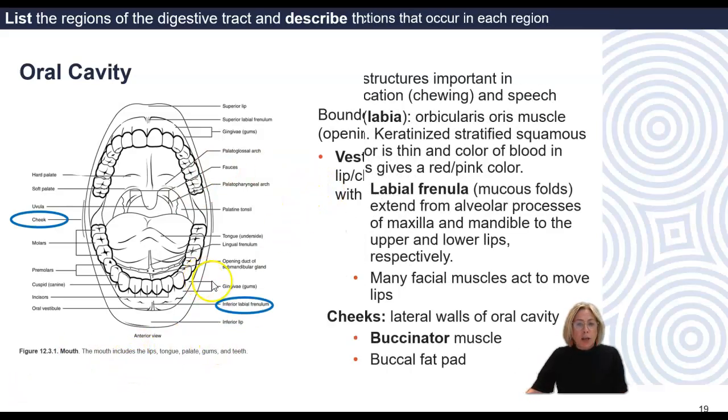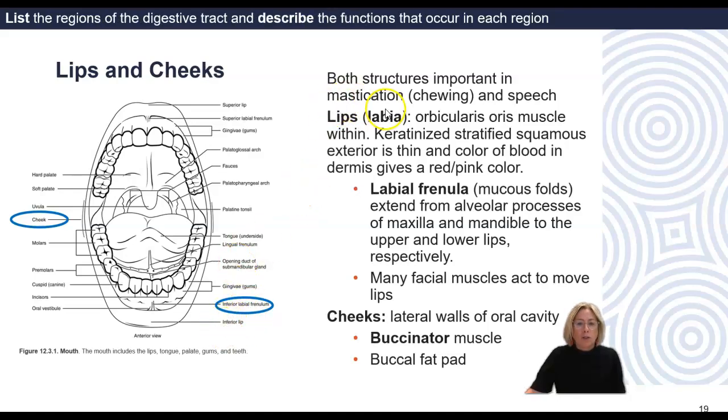The lips and the cheeks then are both muscular structures that are important in mastication or chewing, and also speech production. The lips or the labia are formed by the orbicularis oris muscle, and they also have keratinized stratified squamous epithelium, which is thin, particularly at the margins, and then the color of blood flowing in the blood vessels in the dermis below gives the lips a pinkish color to a dark red color.